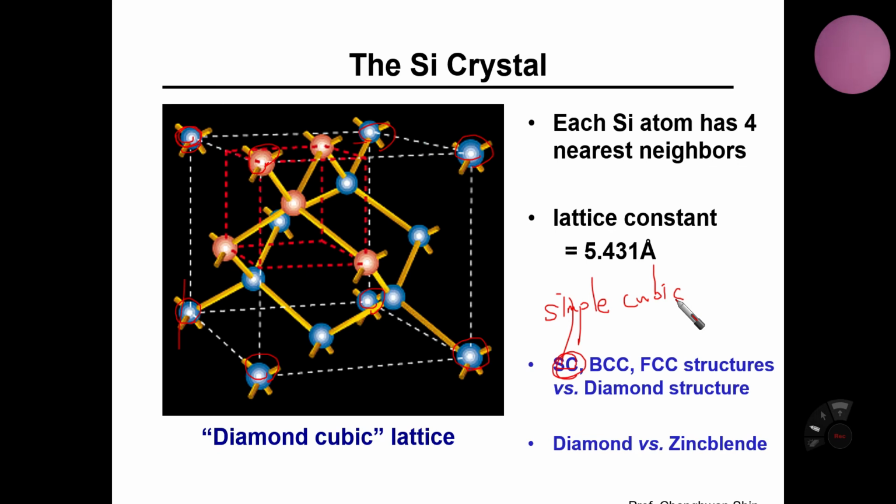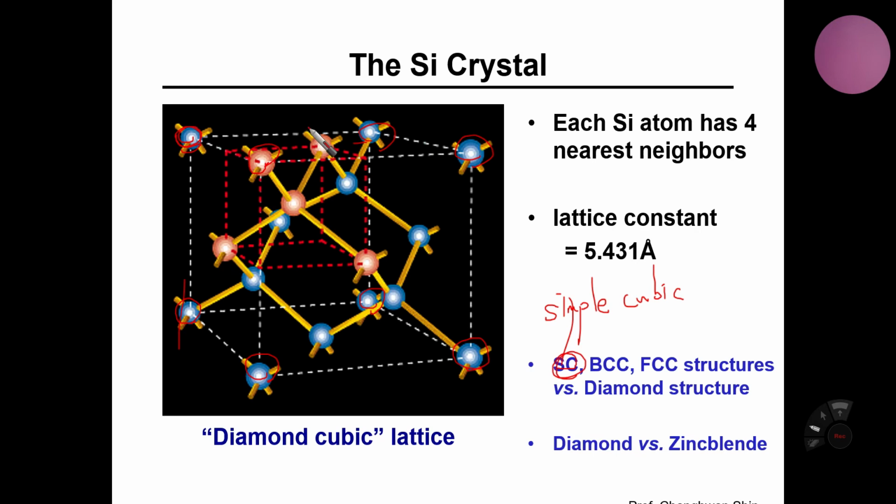This simple cube or unit cell sits next to the identical unit cell, so those unit cells can build up a big chunk of crystalline material. The simple cubic structure is the simplest material system.